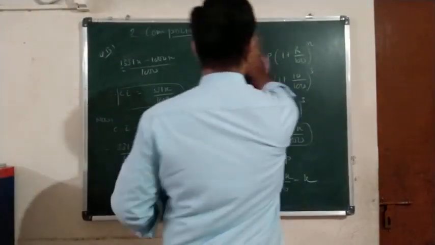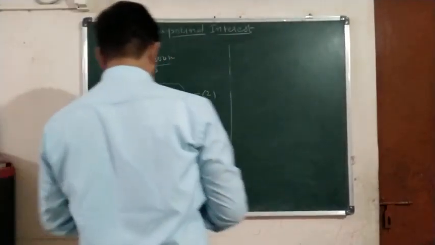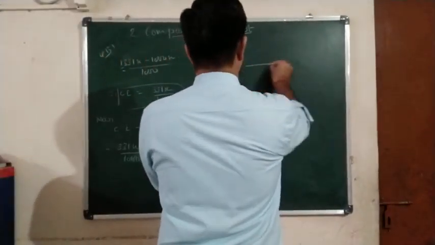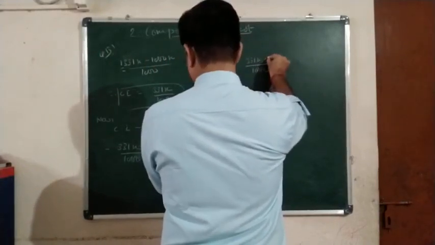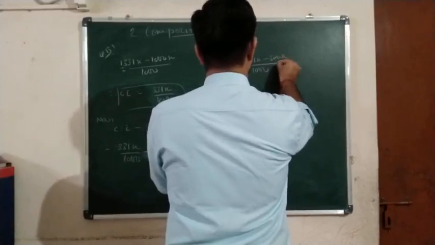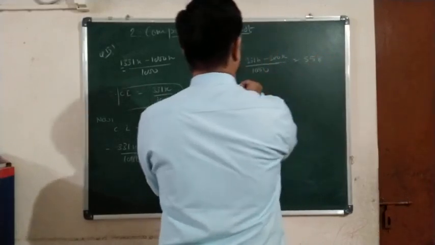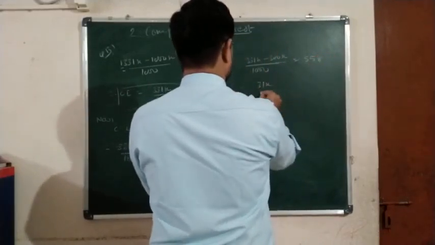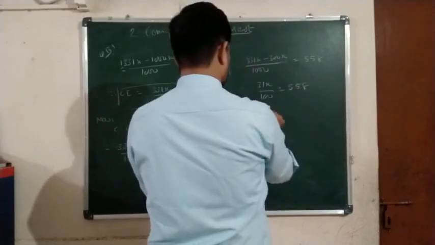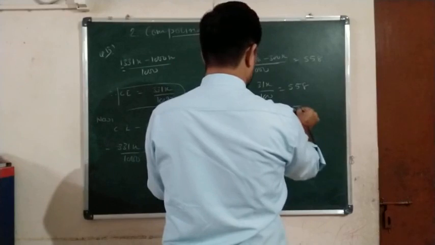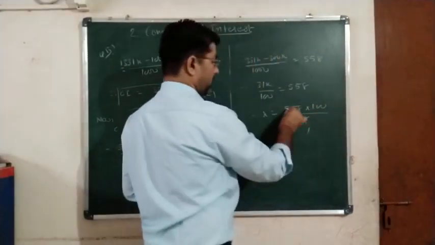Okay, now take LCM and simplify. Therefore 331x minus 300x upon 1000 is equal to 558. So 31x upon 1000 is equal to 558. Therefore x is equal to 558 into 1000 upon 31.